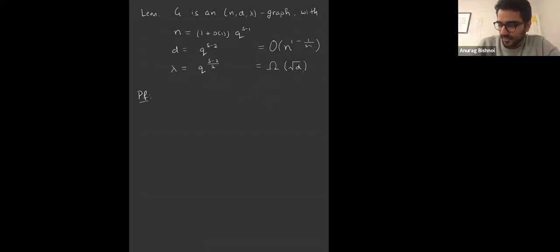Proof. Firstly, the number of vertices. n is exactly equal to the number of points in the projective space minus the number of points in the quadric. Now if you go back to the lecture on polar spaces, we know that no matter what the non-degenerate quadric is, it could be the hyperbolic one or the elliptic one, it still has basically q to the s minus 2 points.